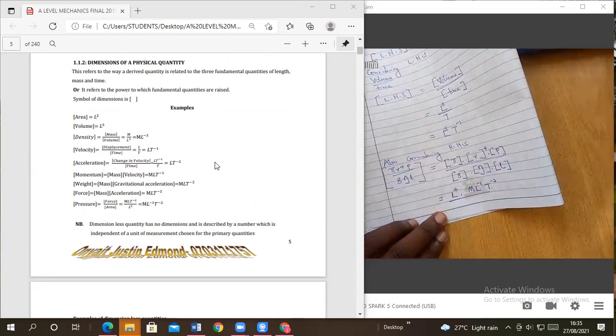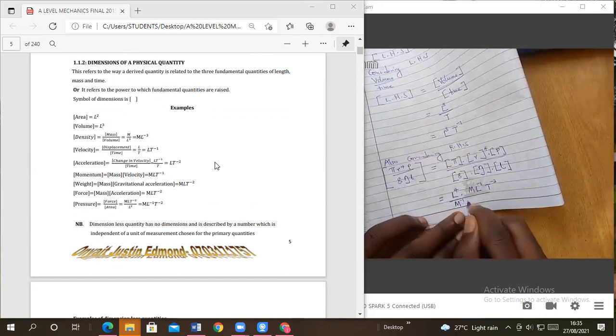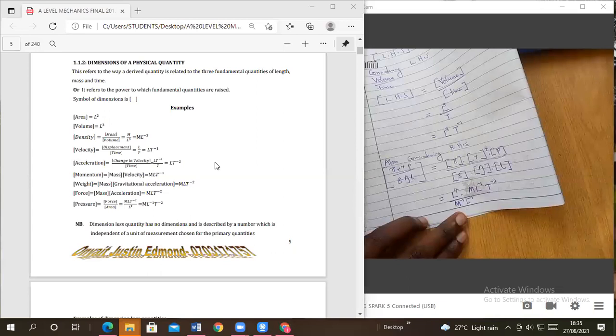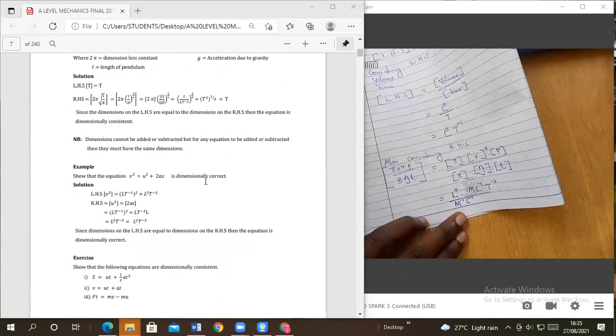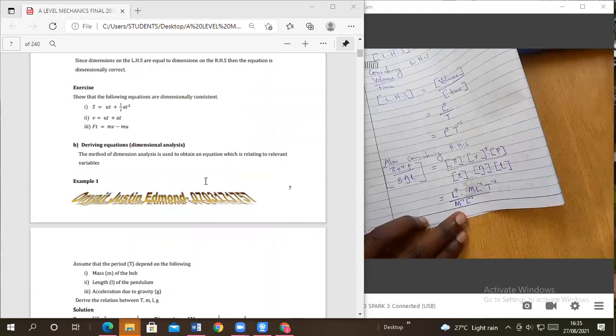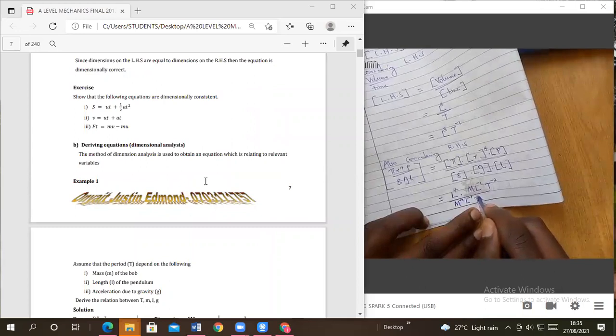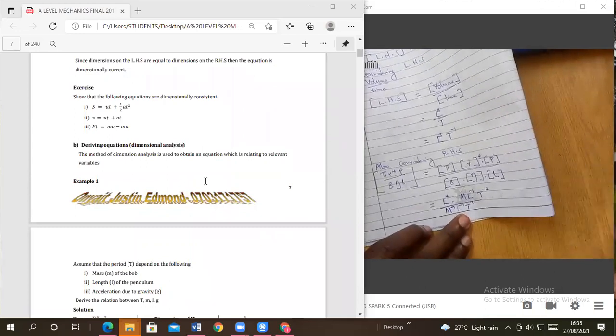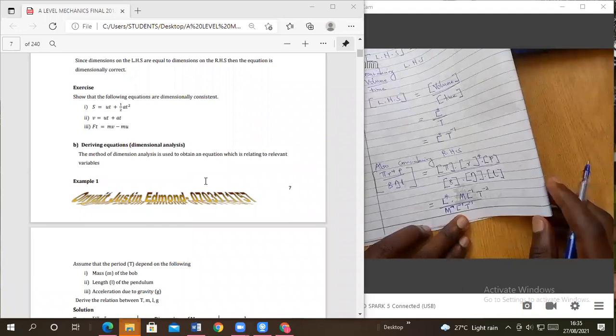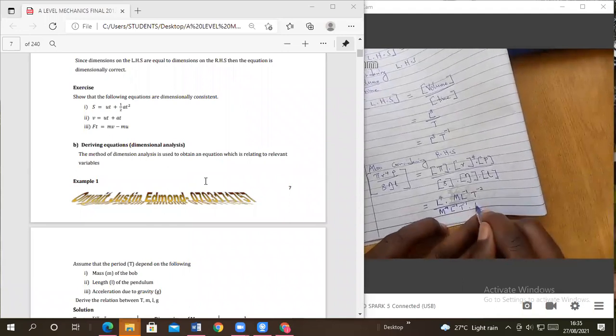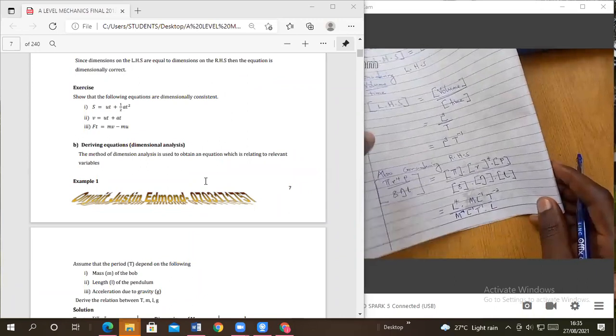M L to the power -1, T to the power -1. I said M L to the power -1, and then T to the power -1. Then for length, it is L.